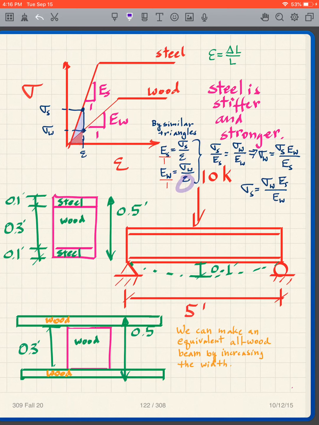I solve this for epsilon, and what do I get? Since they're both equal to epsilon, I get that sigma steel over E steel is equal to sigma wood over E wood, which means that my sigma wood is equal to sigma steel times E wood over E steel. Or sigma steel is equal to sigma wood times E steel over E wood, either way.